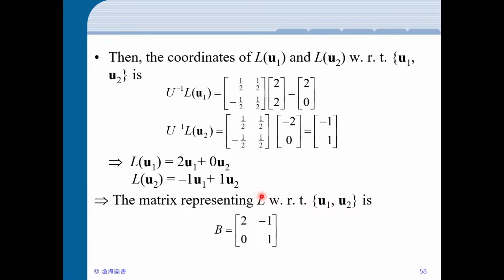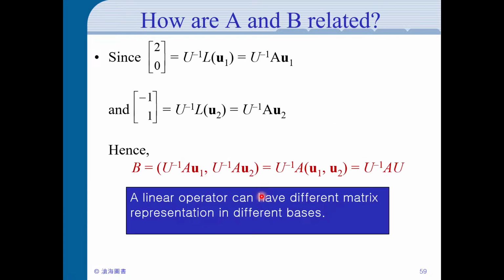So this is what we want to do, and we want to write this in a bit more complex way. This new matrix B is U minus 1 AU, where U is the matrix that you get by listing U1, U2 together. Let's go back to see the derivation a little more. How do we find the 2, 0?